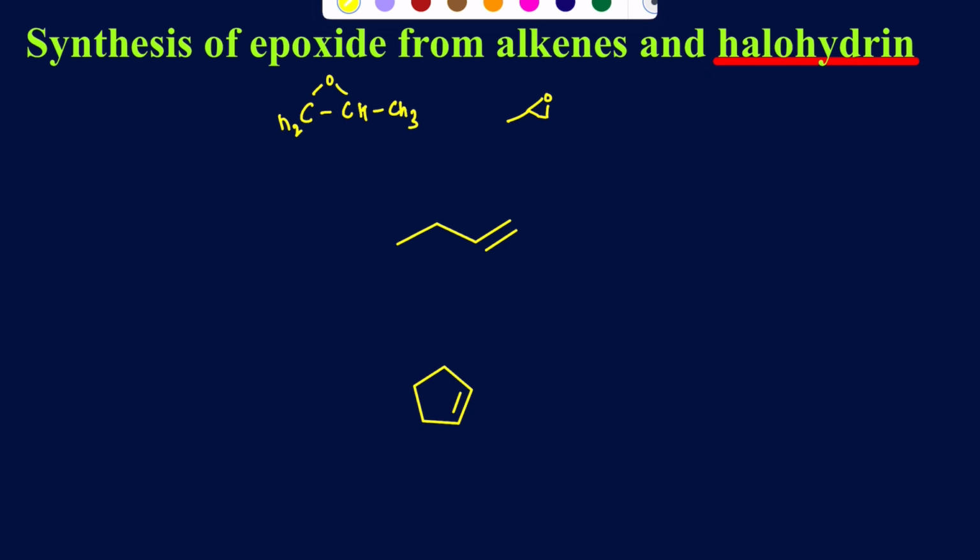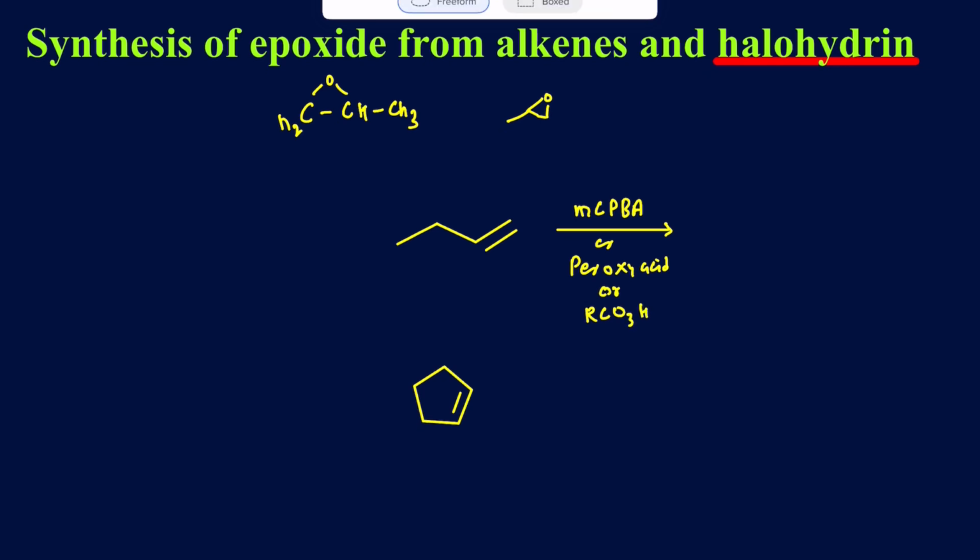Now, one of the ways to make an epoxide is we use an alkene, and when we're using an alkene, we use something called a peroxy acid. One of the common peroxy acids used is MCPBA, or they probably just say peroxy acid. Or another way of writing that would be RCO3H.